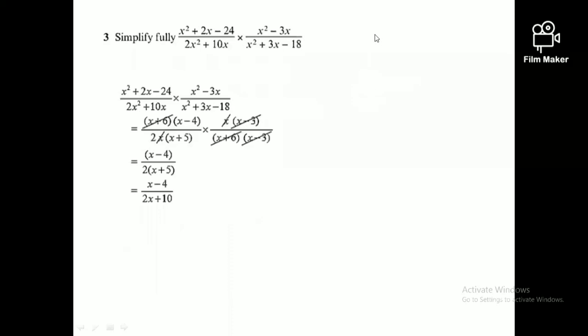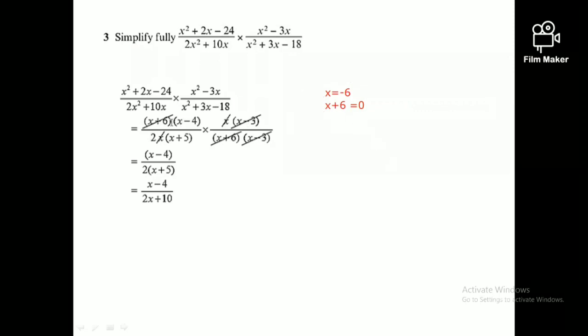Then if you work out over here, you will obtain the answers like this. If you want to factorize it, if you put in the calculator 1, 2 and minus 24, you will obtain the answer x equals minus 6. With that you can say x plus 6 equals 0. That's the first part of it.